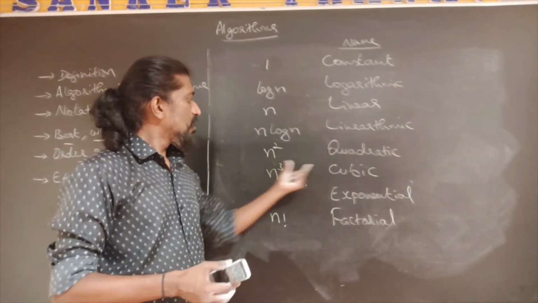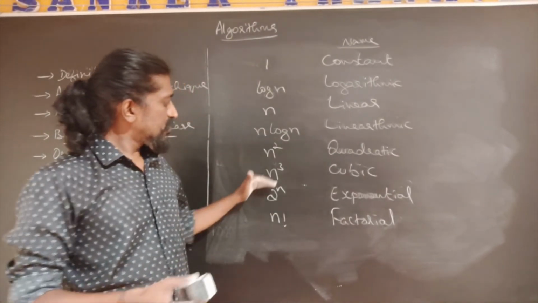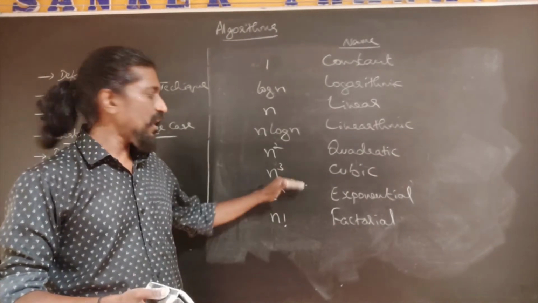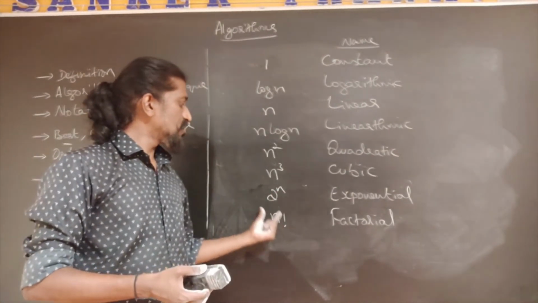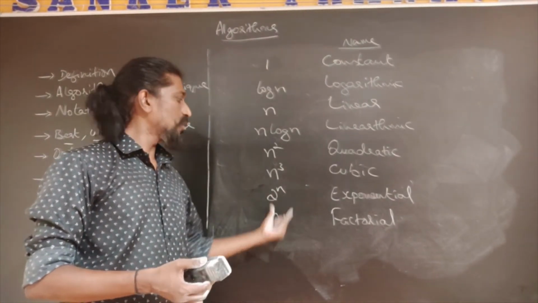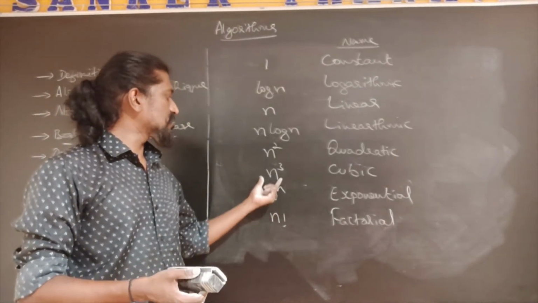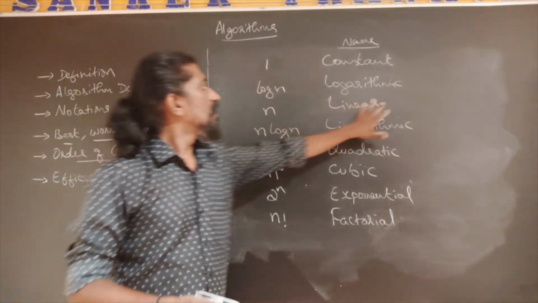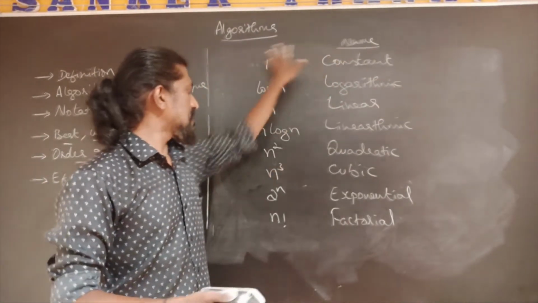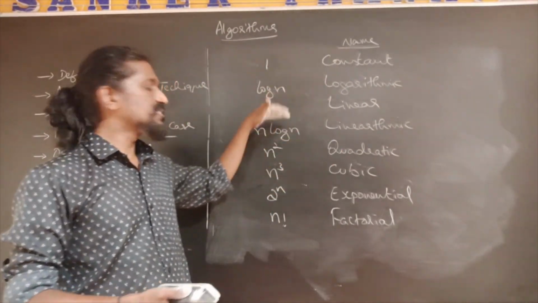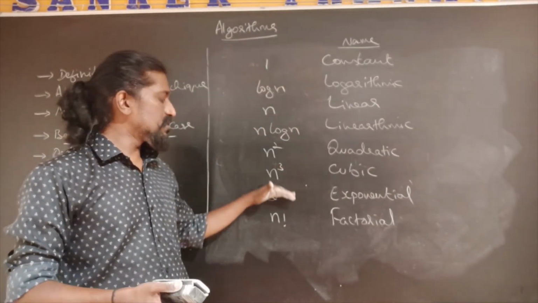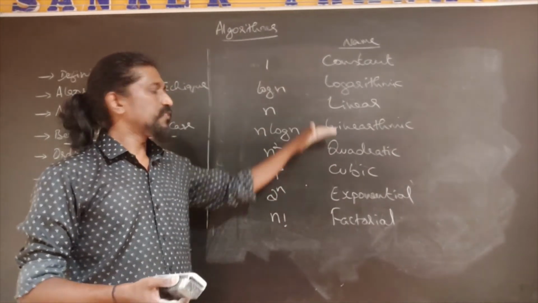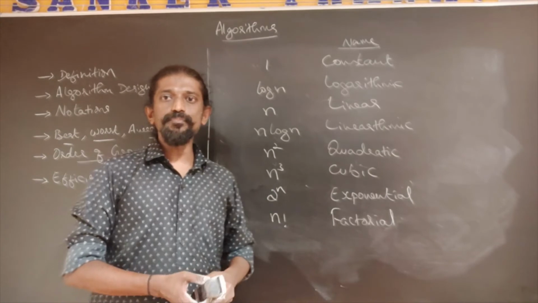Then quadratic, cubic, exponential. These are the slowest efficiency classes. Exponential and factorial together are generally referred to as exponential classes. If an algorithm is in any of the earlier efficiency classes, it will be reasonably acceptable. As the efficiency goes to the lower efficiency classes, the algorithm may not be acceptable.